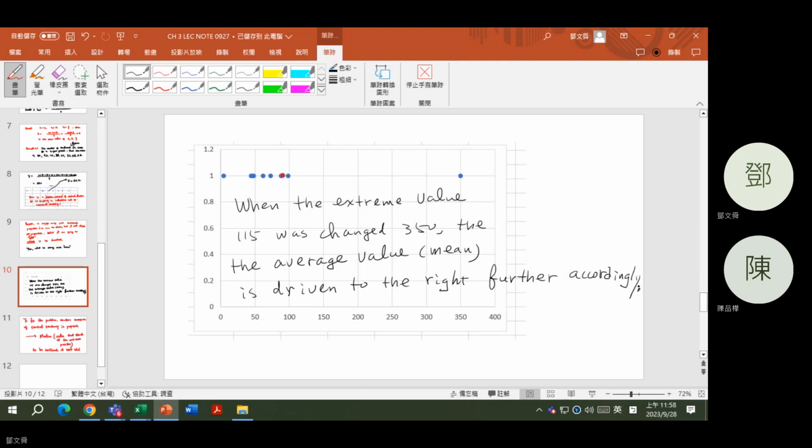Okay? So the mean tends to be, or is easily, influenced by the extreme values.